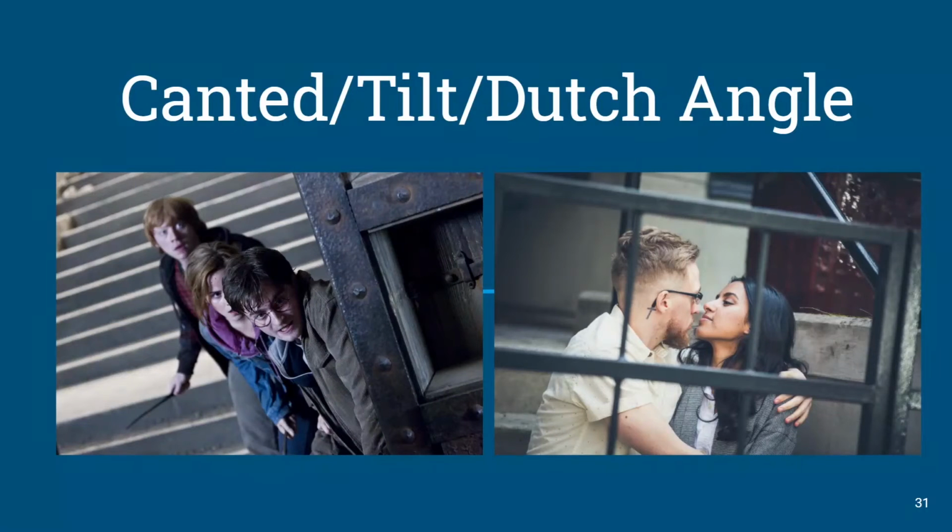We have this other one, I've heard it by all different names, a canted angle, a tilt angle, a Dutch angle, and you can see it's doing exactly what it says. Look over here at the stairs. They turn the camera a little bit based on the intensity of whatever is going on to show something's not right. There's something askew in the scene.